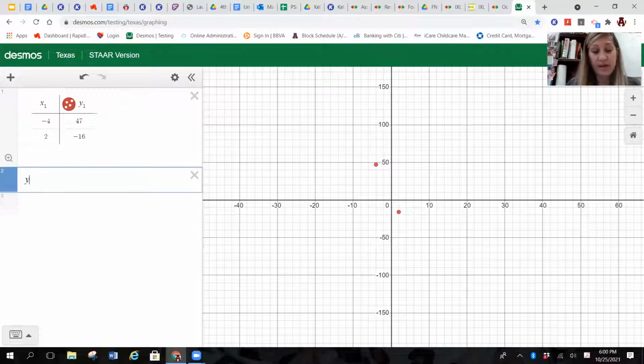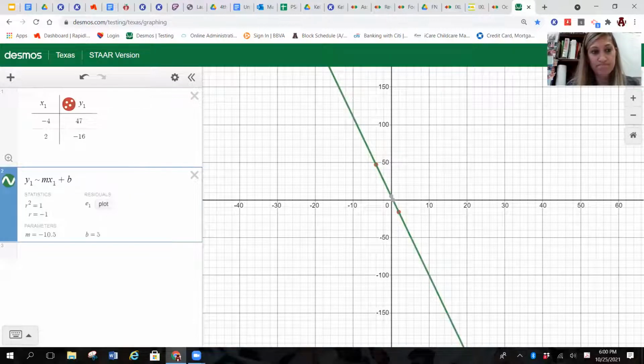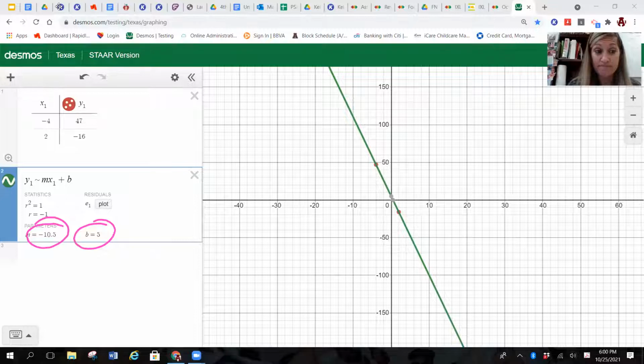So then I'm going to look back at my notes and remember y1 squiggly mx1 plus b. Here is my equation. And notice it's giving me the entire equation, the slope and the y-intercept.